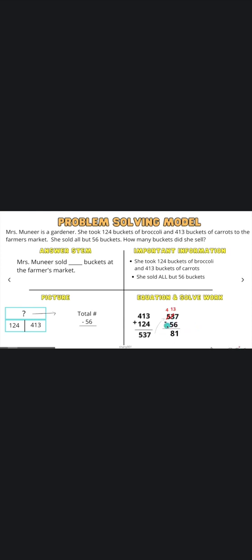Once we borrow 1 from our neighbor and make that a 4, we then again bring 1 over. The 3 becomes a 13, and now we are ready to subtract. 13 take away 5 is 8. And then you will go ahead and bring down the 4. So we have our total number, 481.